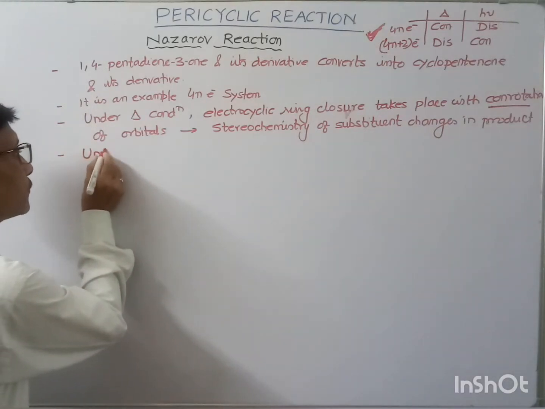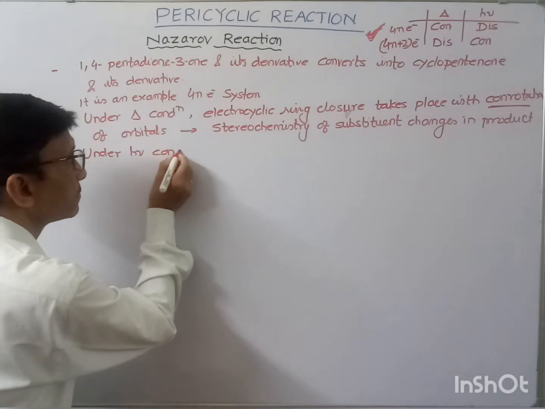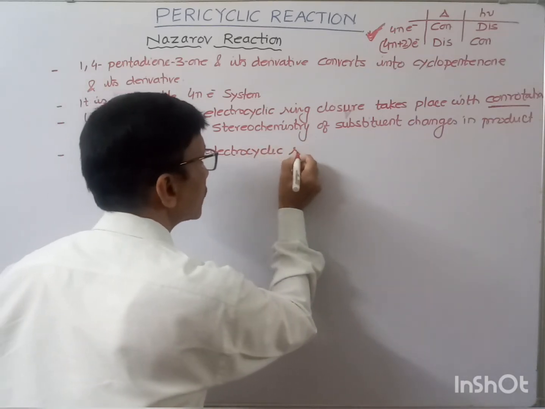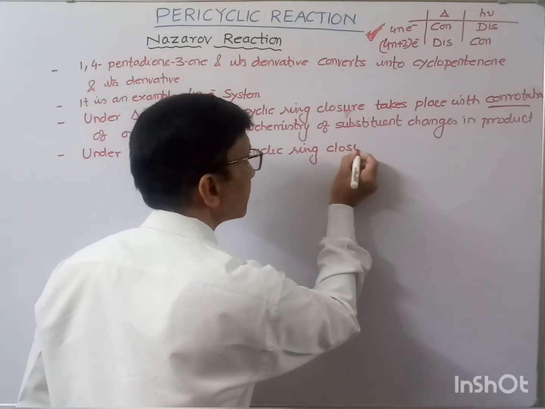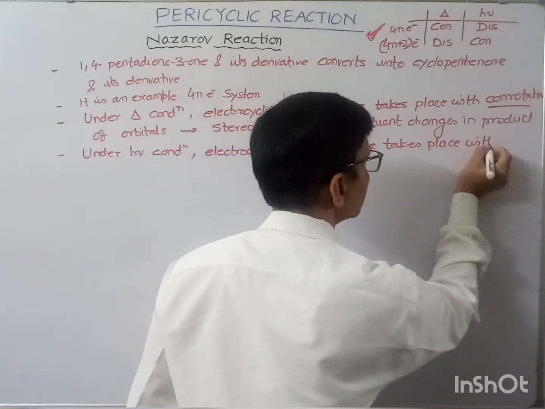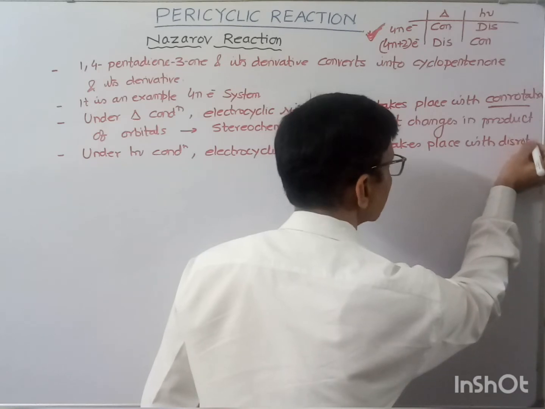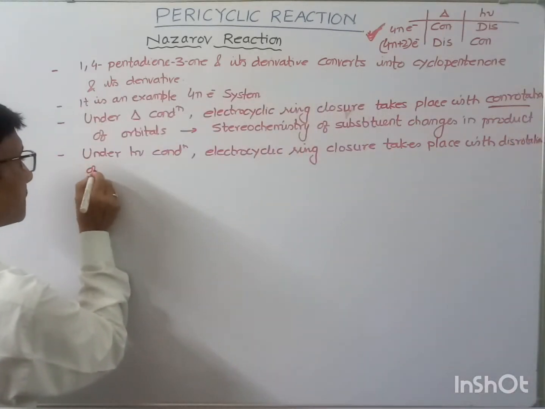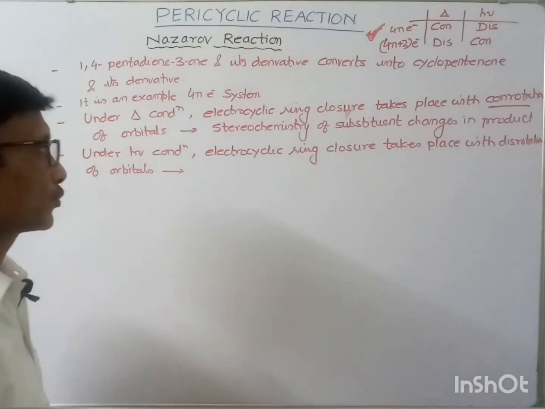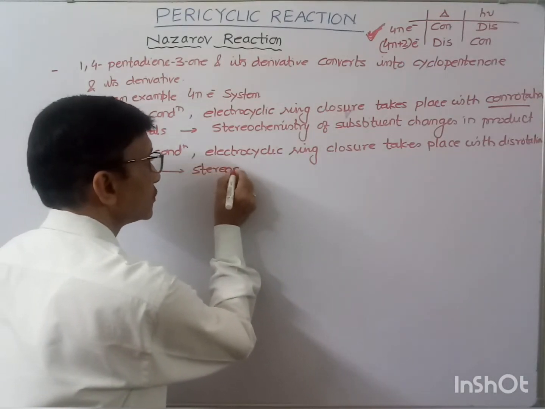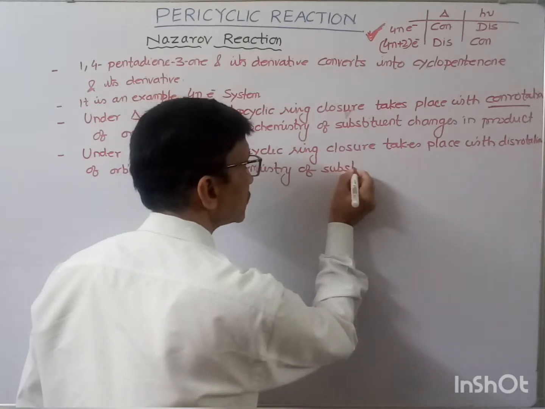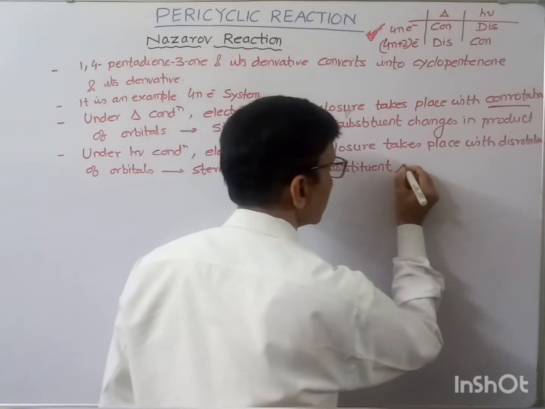So under photochemical condition electrocyclic ring closure takes place with disrotation of orbital, and here the stereochemistry of the substituent remains the same in the product.